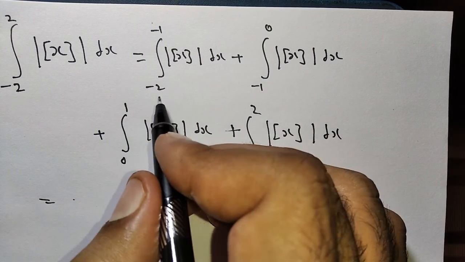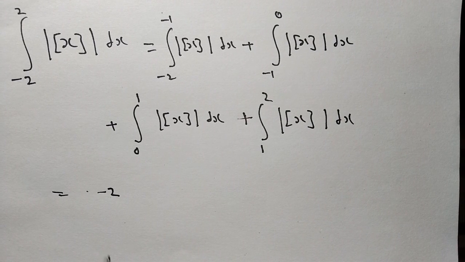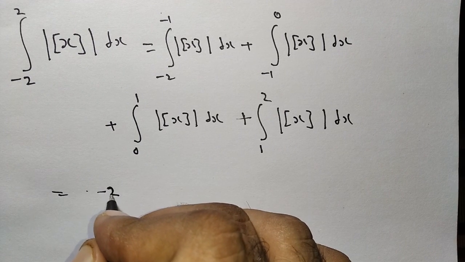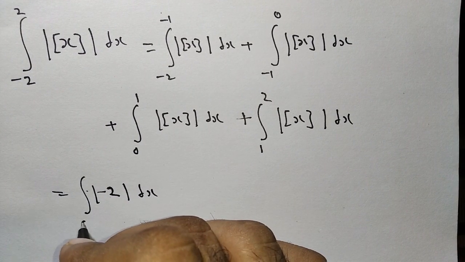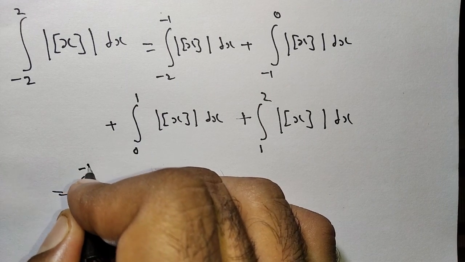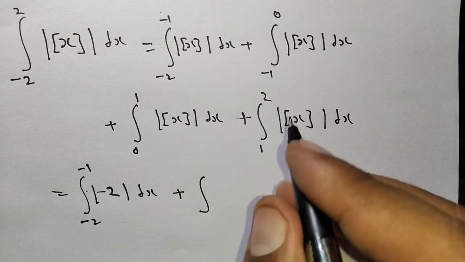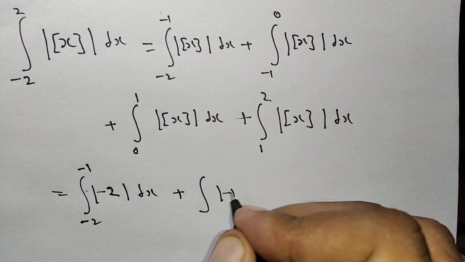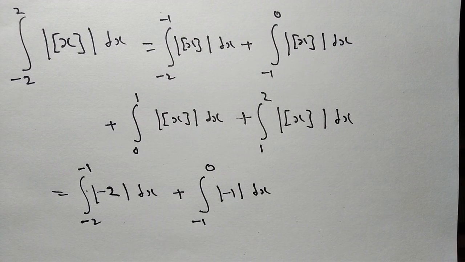Now the greatest integer function from minus 2 to minus 1 will give value minus 2, and we have the mod of this. Plus the integration of the greatest integer function from minus 1 to 0, which will give value minus 1, mod of this, dx.